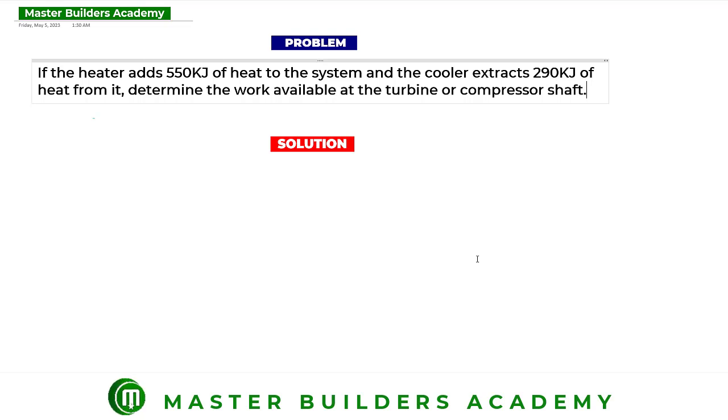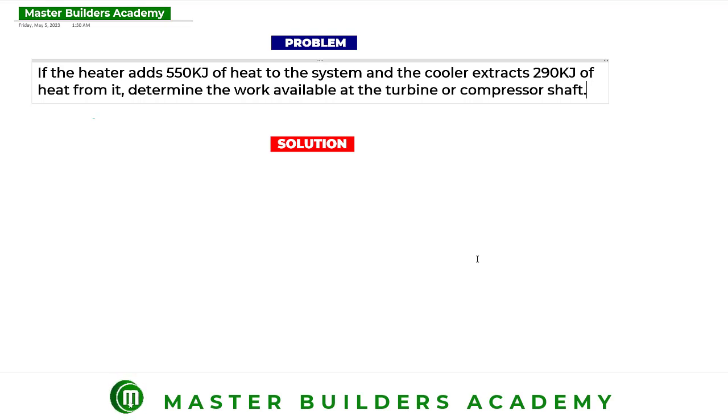Remember that here we are only dealing with heat. So the work done we are asked to look for is the summation of the heat, as heat is the only thing mentioned in this question.